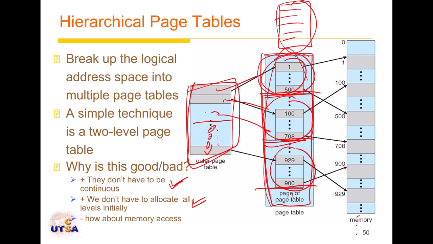The real problem with hierarchical paging is, as you can guess, that we are storing the first level page and the second level pages in memory. To be able to access each of these entries to figure out the frame number of our actual instruction or data, we first need to access the outer page, and based on the content of that outer page, I can access the second level page.